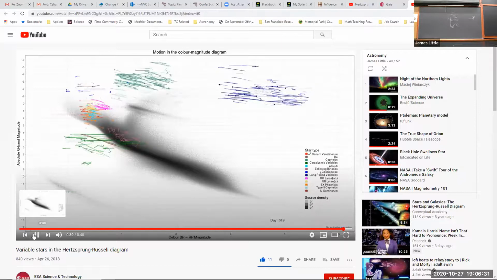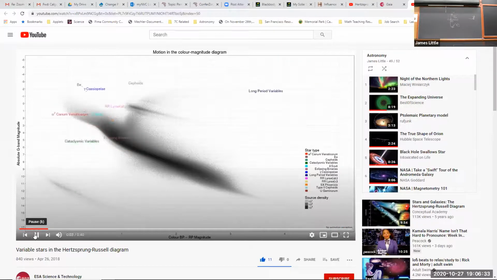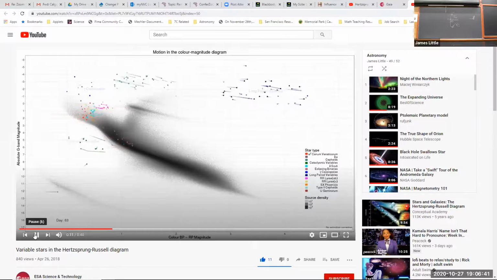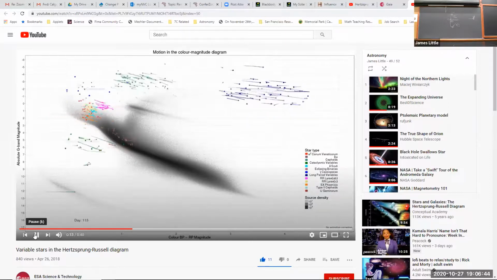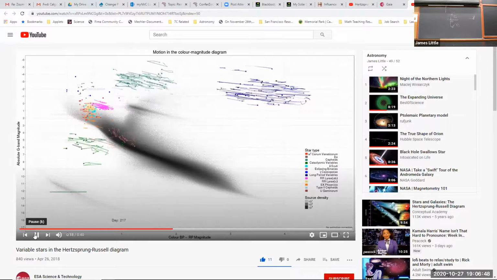These are certainly not stars that you would like to be living around because you'd like your star to have a nice defined size and not oscillate in temperature or in how big it is, lest your planet suddenly find itself inside of the surface of the star.